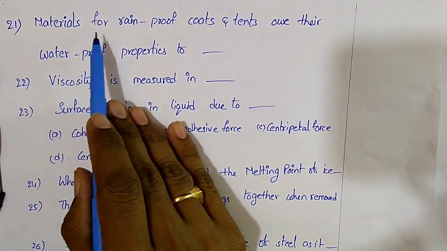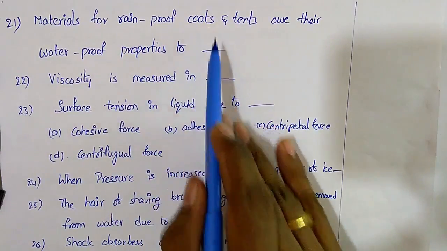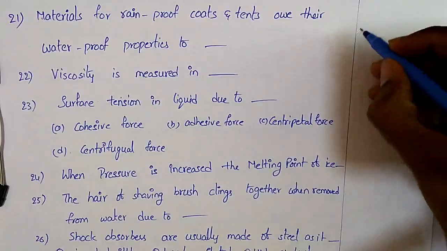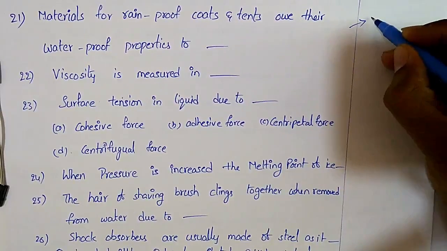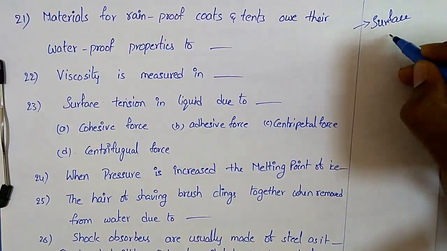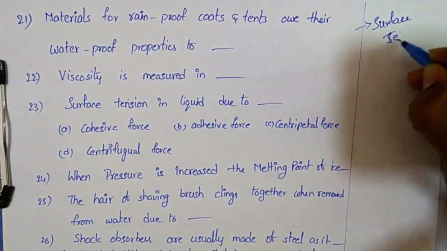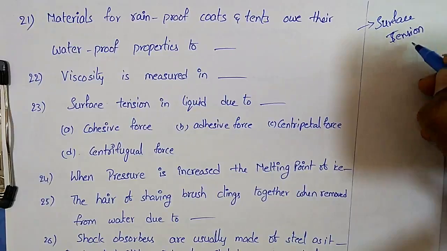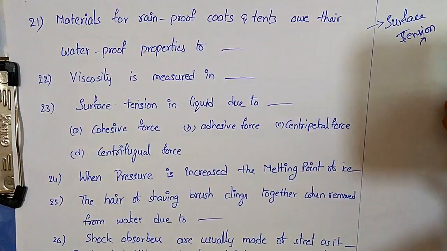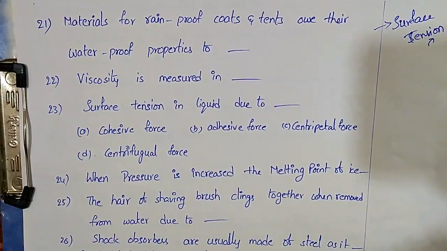Next one, materials for rainproof coats and tents owe their waterproof properties to. It is also the phenomenon of surface tension. Due to this surface tension, materials for rainproof coats and tents have the waterproof property.